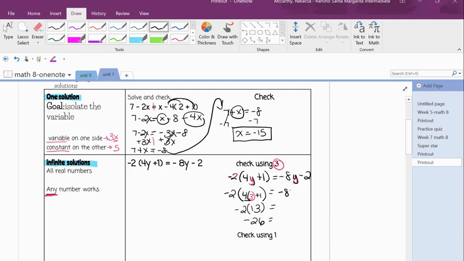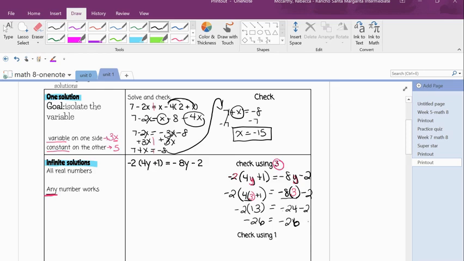I have a negative 8, and every time I see a y, I'm substituting that 3, and then minus 2. Using order of operations, this gives me a negative 24 minus 2. Since signs are the same, I'm going to add them, and I have more negatives.